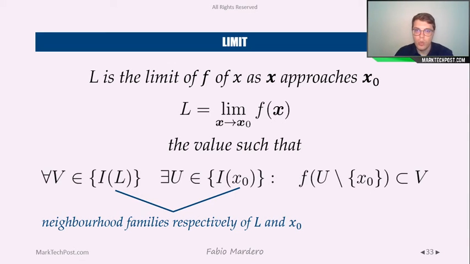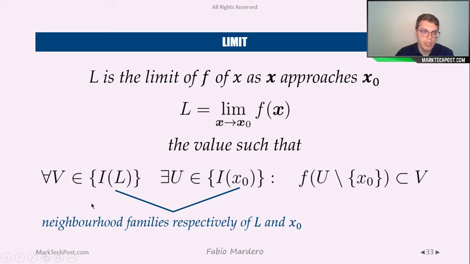Here we have to slow down a little bit and look at every element. With I of L, we denote the neighborhood family with respect to L, and I of x0 will be the neighborhood family with respect to x0.